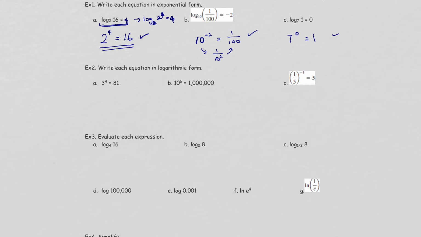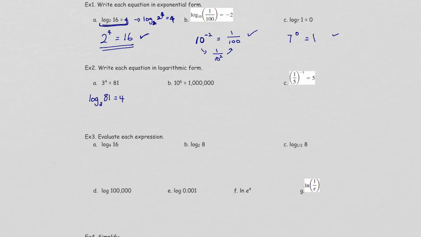But again, we're just exercising how to convert one from the other. So this one, exponential, it will be log base 3 of 81 equals 4. So the exponent will be the solution of the logarithm.